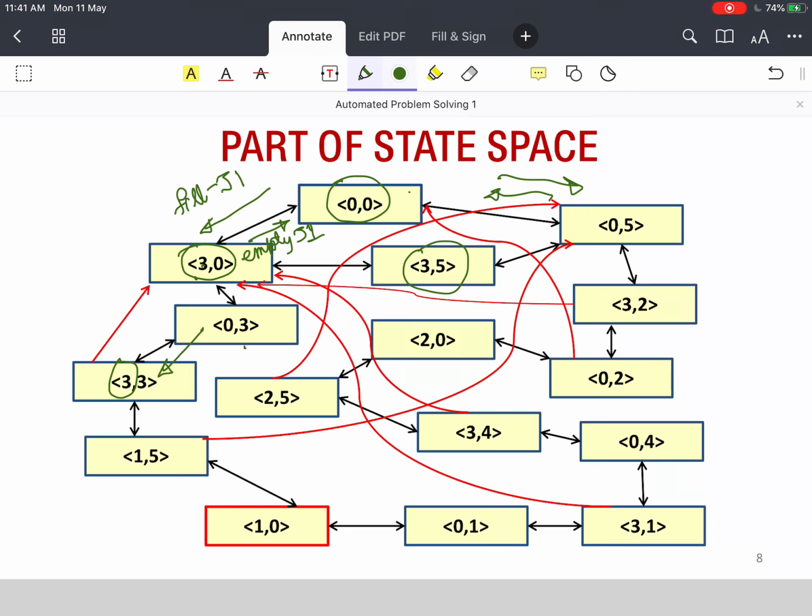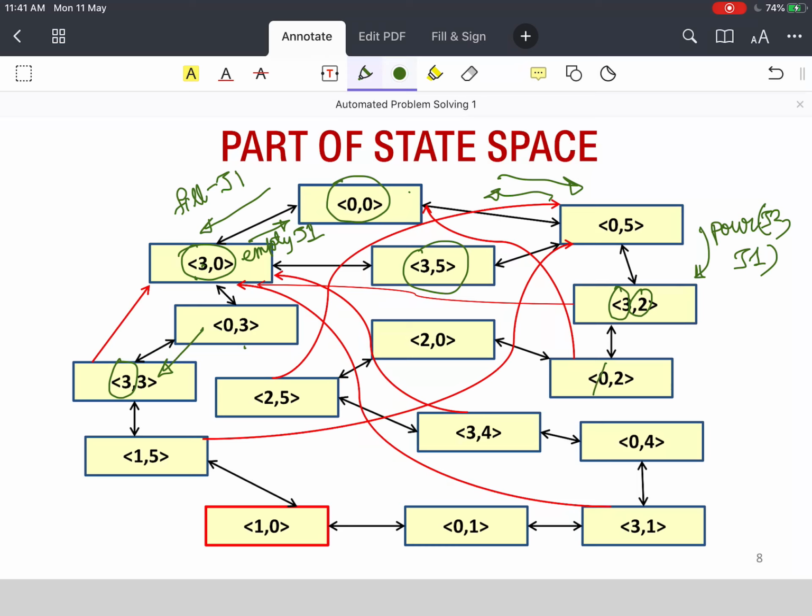For example, from 0, 5, this one is a pour from J2 to J1, which means J1 cannot be filled up by more than 3. So this fills it up by 3 and this remains 2. Then from here you can pour out all the water.